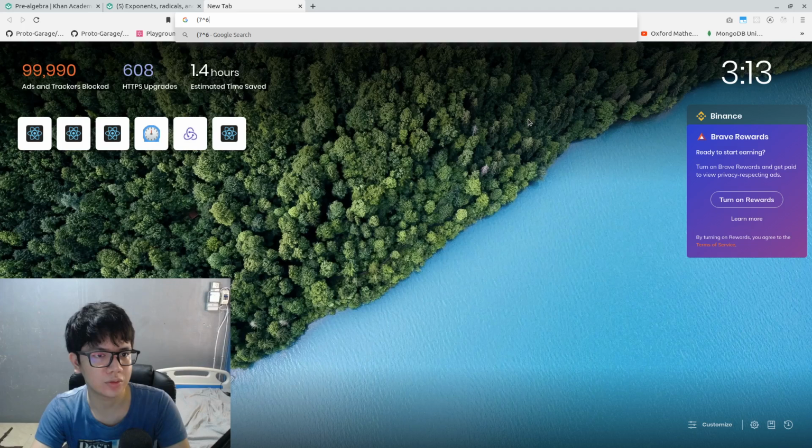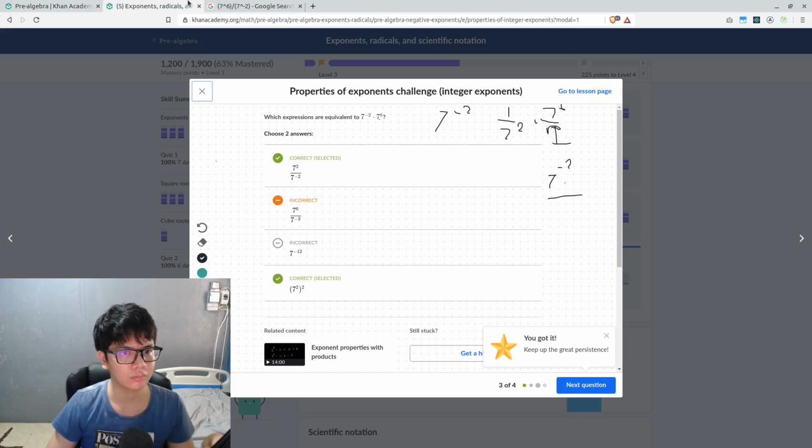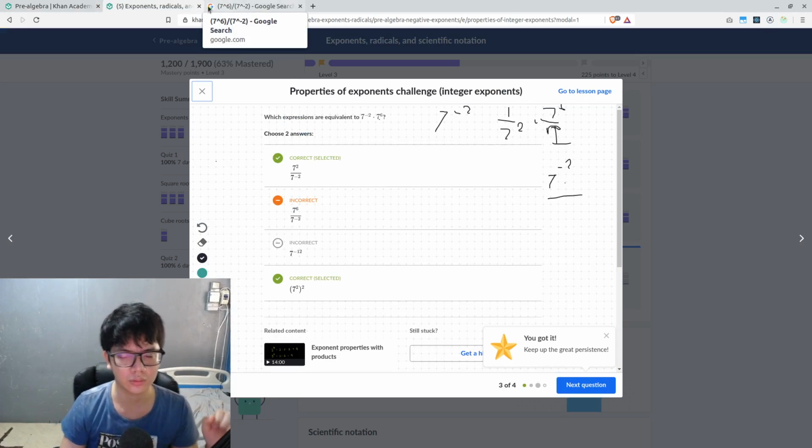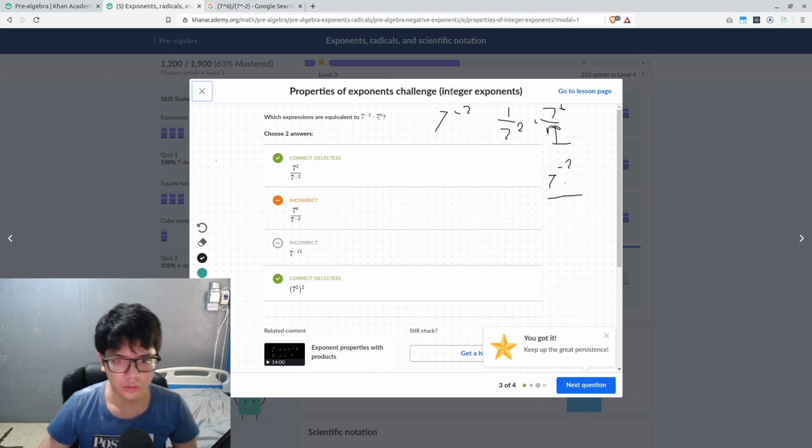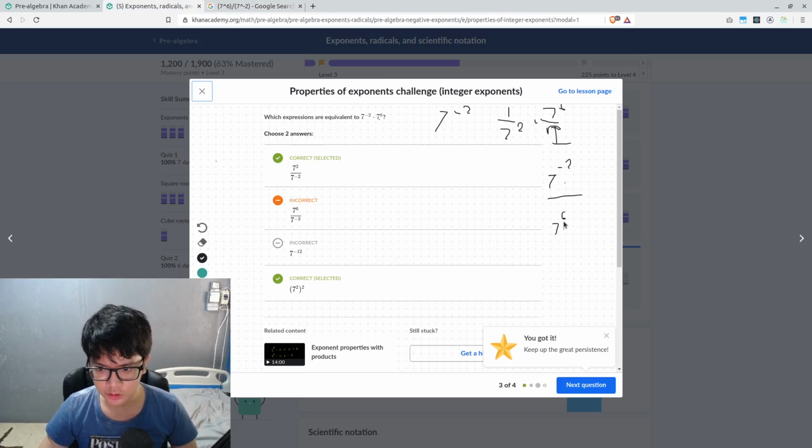Seven raised to 6. We can multiply in any order, so it's the same as 7 raised to 6 times 7 raised to 2, or 7 raised to 6 times 1 over 7.